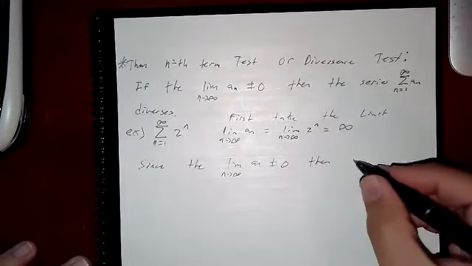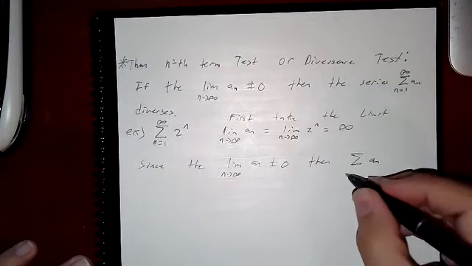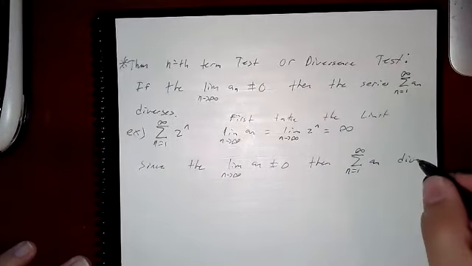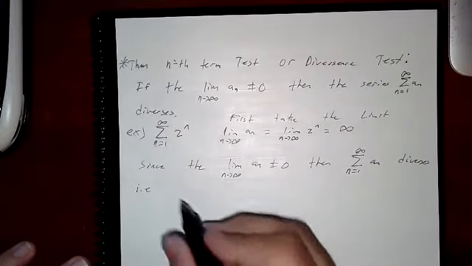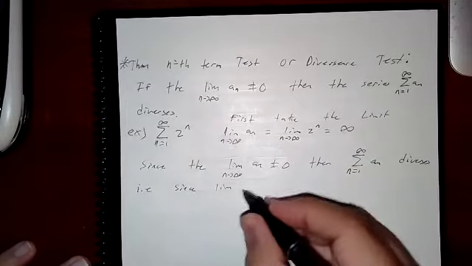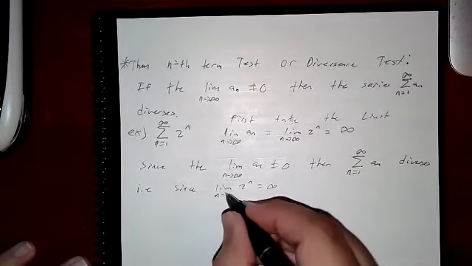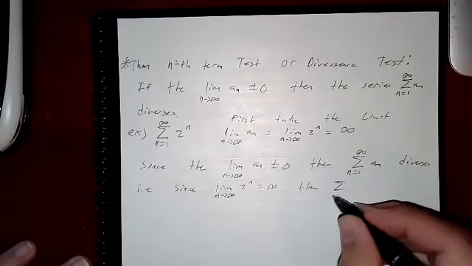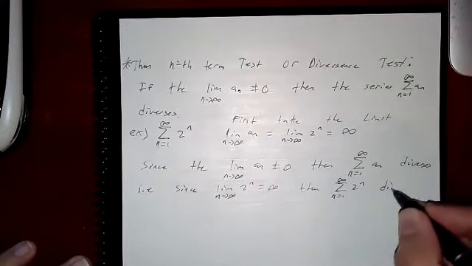Then the series of that same a sub n diverges, right? In other words, since the limit of 2 to the n is equal to infinity, then this specific series diverges.